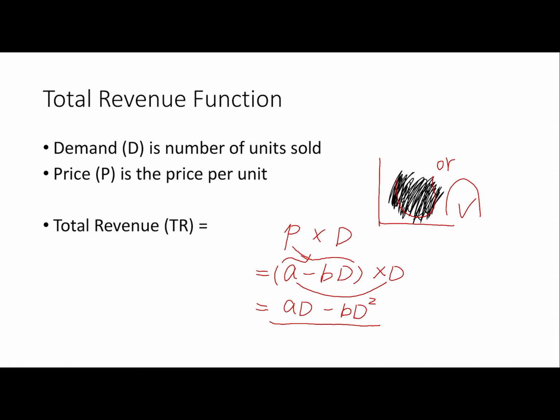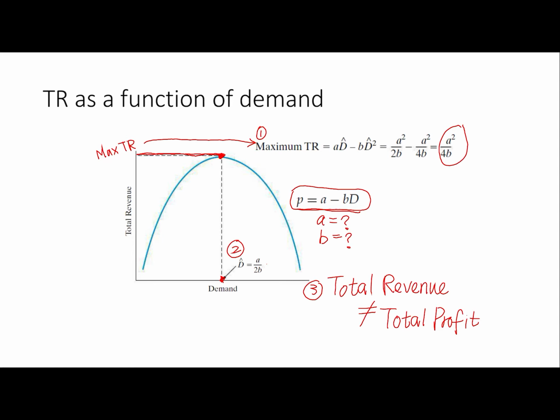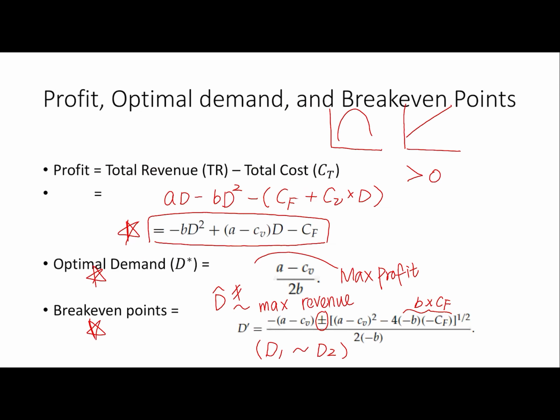And also you want to know how you calculate the revenue, which is P times D, and what is the D hat. The D hat is associated with maximum revenue, and of course what we are chasing is the profit. So you also want to know how you calculate a profit given some demand and some costs.